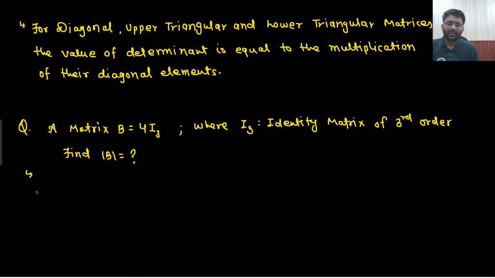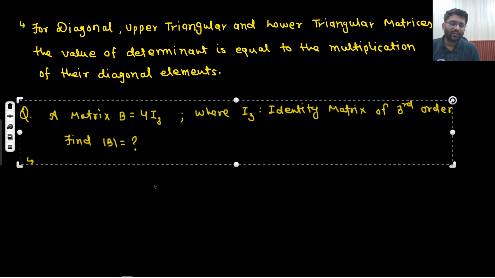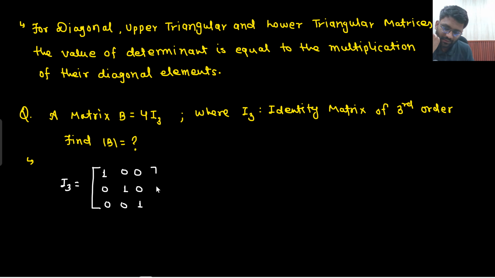Okay. This question has been framed that there is a matrix B which is 4 into I3. What is I3? I3 is the identity matrix of 3 cross 3 order. You need to find out the determinant of B. So what is I3? This is your I3: 1 0 0, 0 1 0, 0 0 1. This is I3. And what is B?